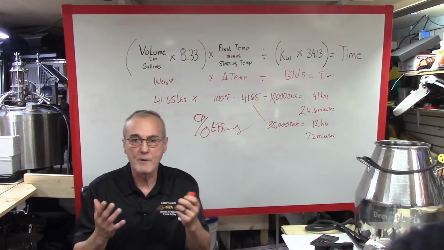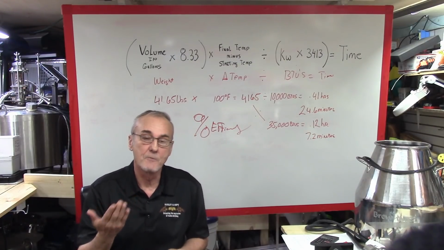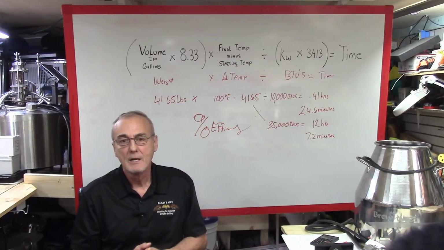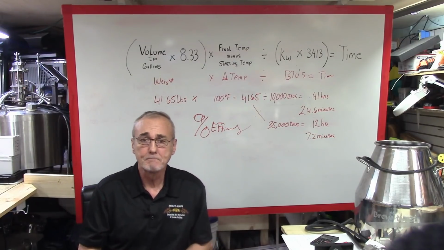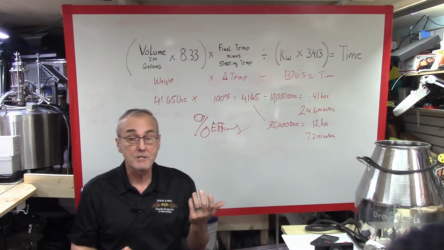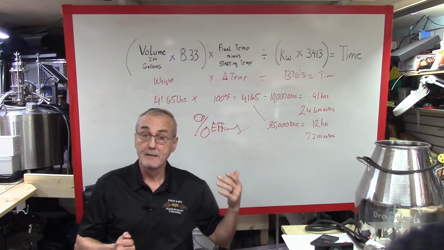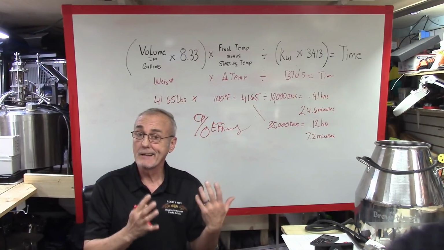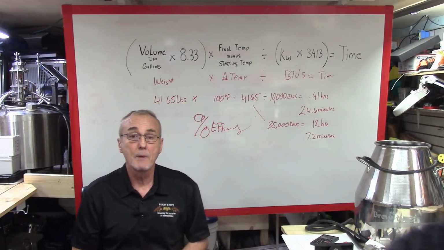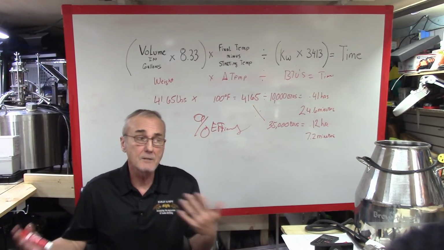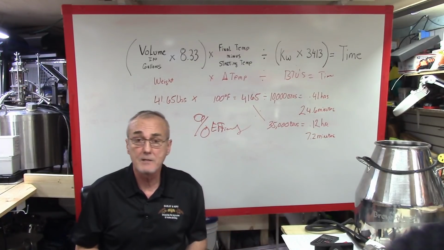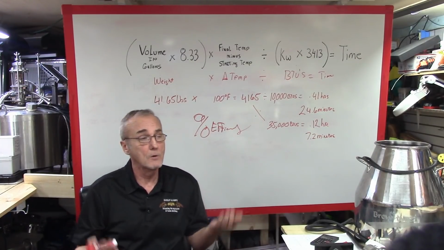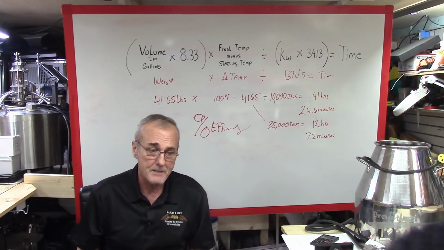That's the main reason copper is used in condensers, because of its thermal properties. And that's why stainless steel is such a good choice for the construction of a kettle and a column, because it retains heat a lot better than copper does. Not to mention, it's a whole lot easier to maintain and clean, it doesn't corrode, and all those other things.